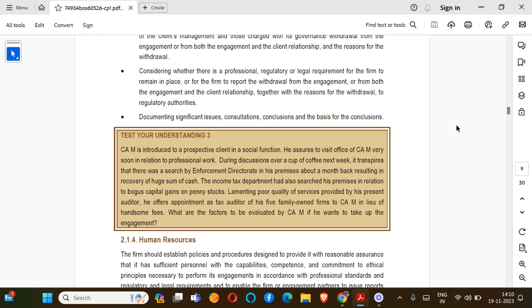PRL is professional, regulatory and legal requirements. So along with the reasons of withdrawal, you have to inform the regulatory authorities as well. And if there are significant issues, conclusions, consultations, all of that you had to come up with, you had to actually invest your time in during the audit, you need to tell that also, you need to document that also.